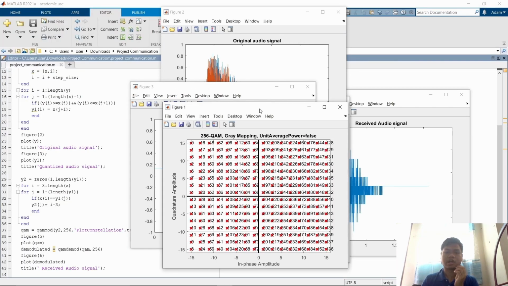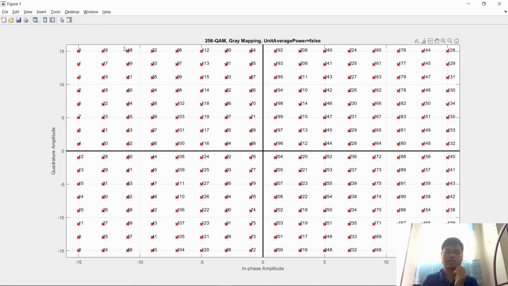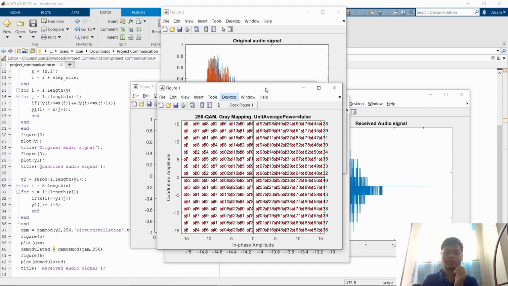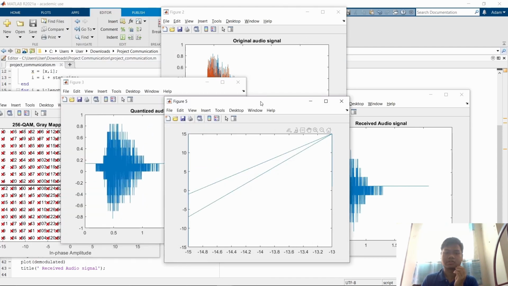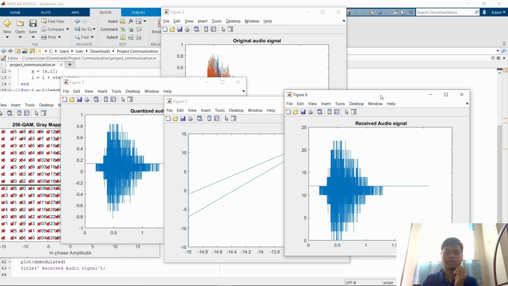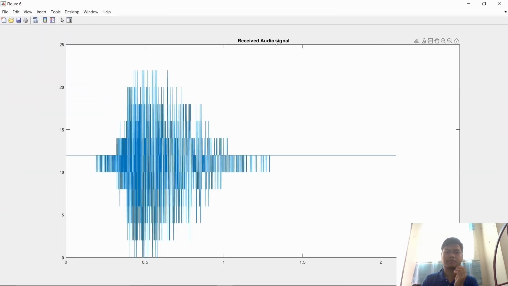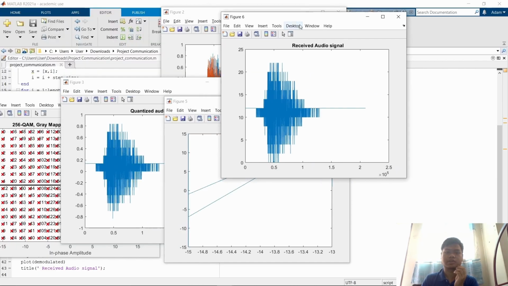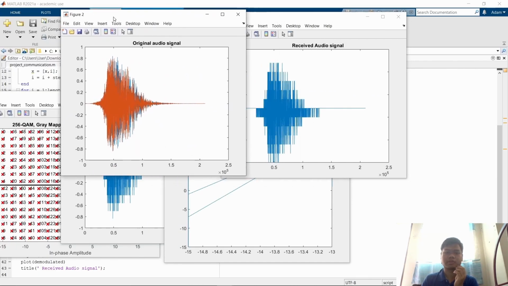This is the output for the constellation. Next, this is the modulated signal. And last one, this is the received audio signal. It is very similar to the original signal, as you can see.